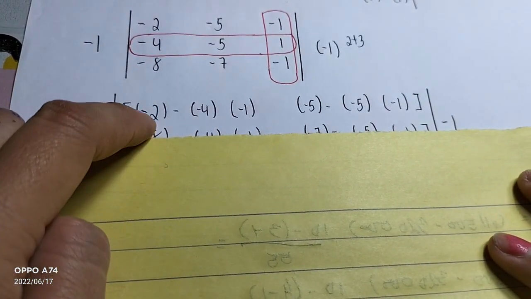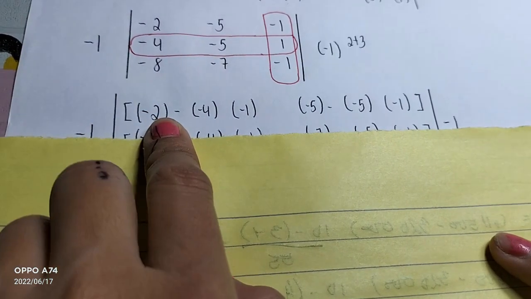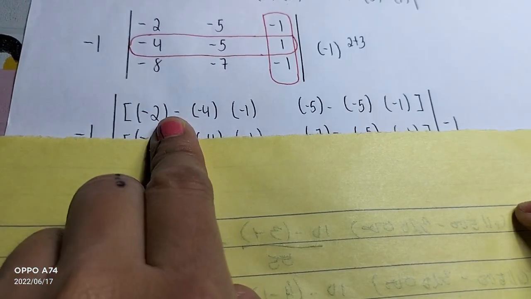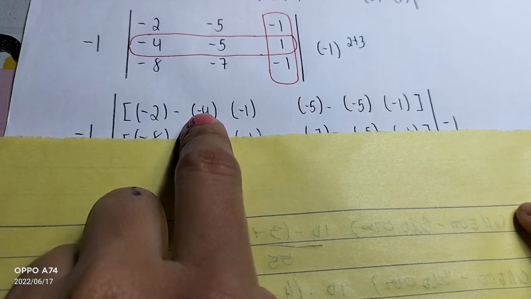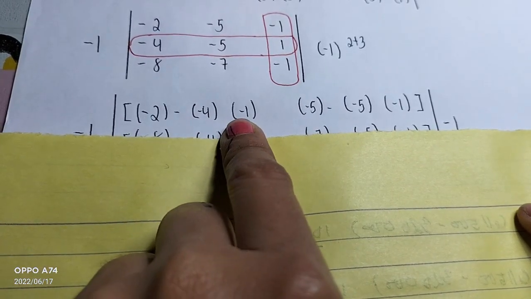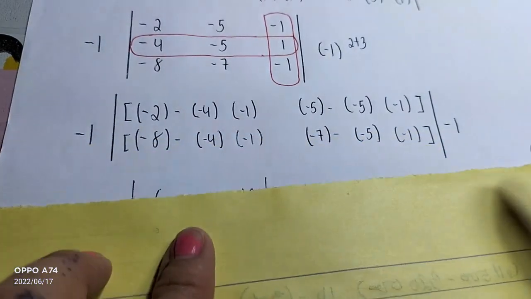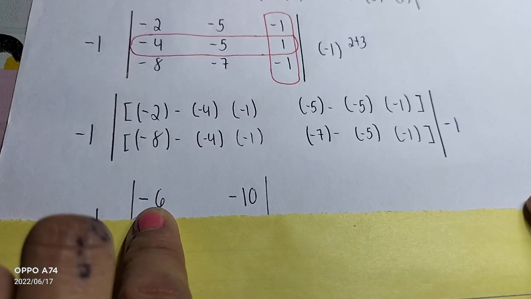Quantity of negative 2 minus quantity of negative 4 multiplied by quantity of negative 1 equals negative 6.